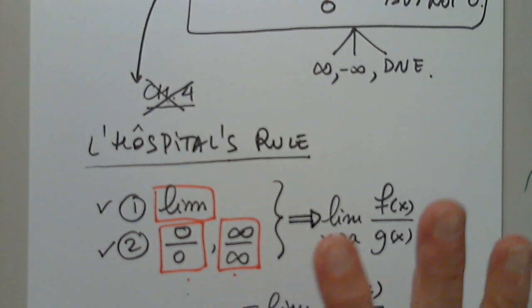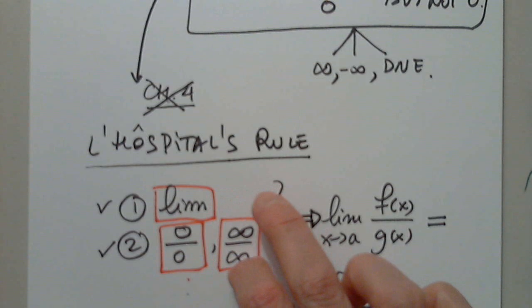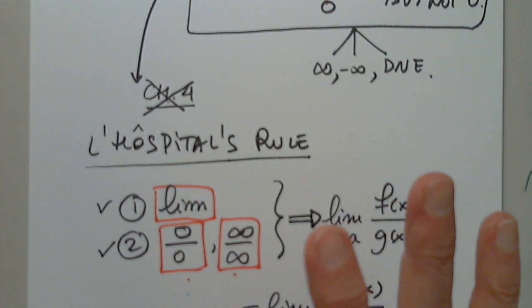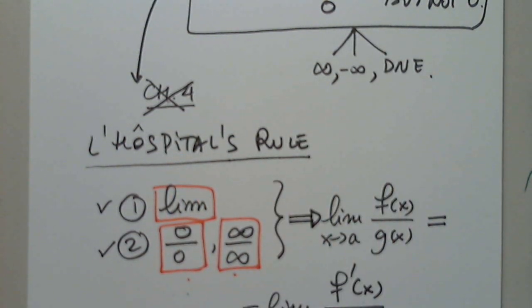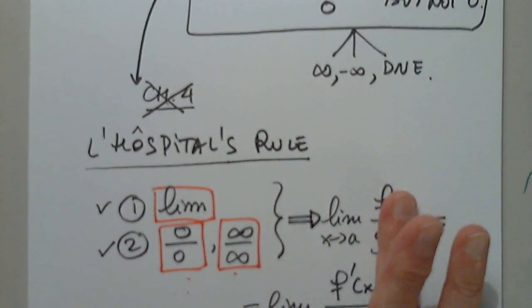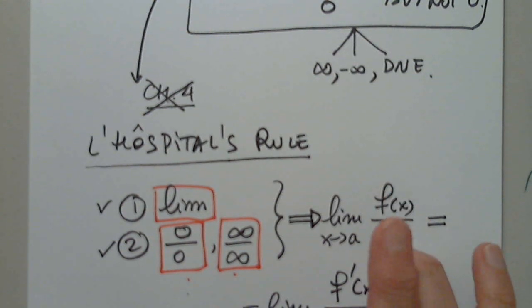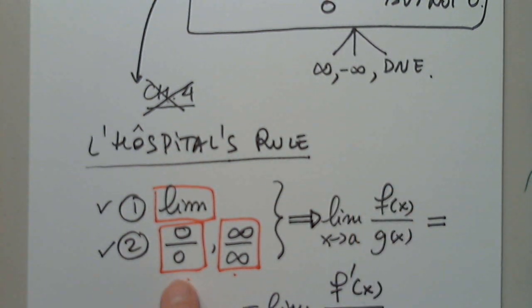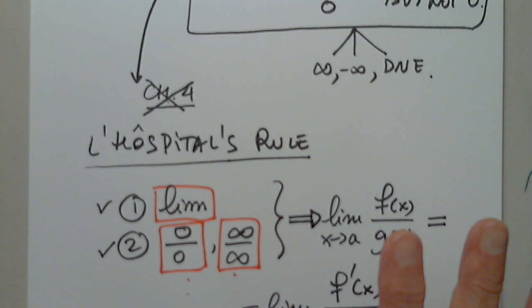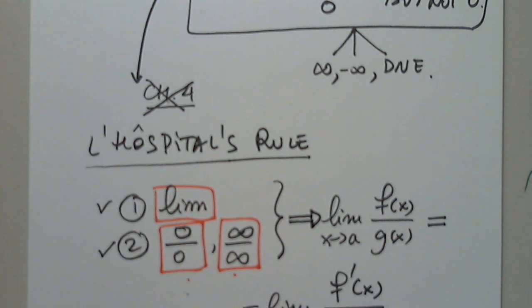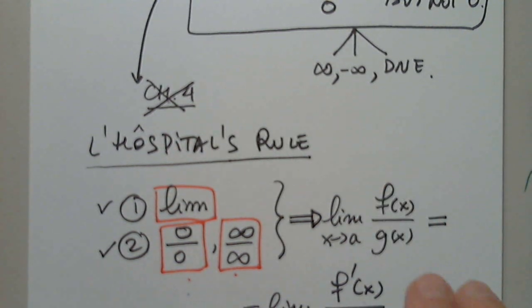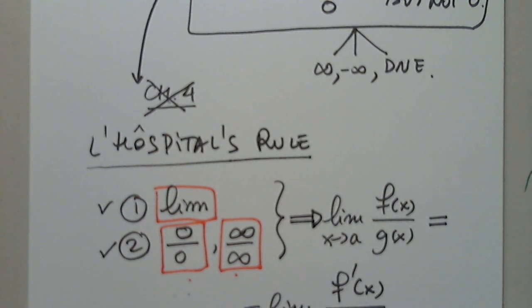This is something specific if these two conditions are fulfilled. In this specific situation, we are not using the quotient rule. He showed that this limit can be determined as simply differentiating the top and differentiating the denominator.